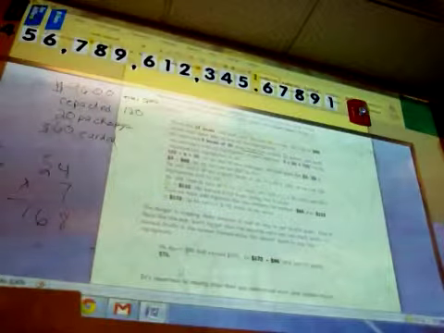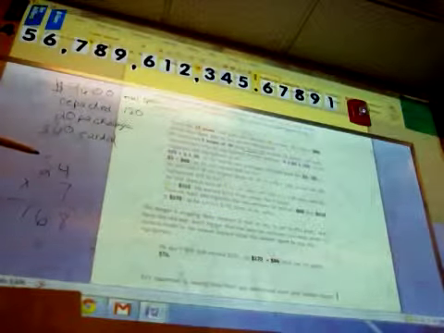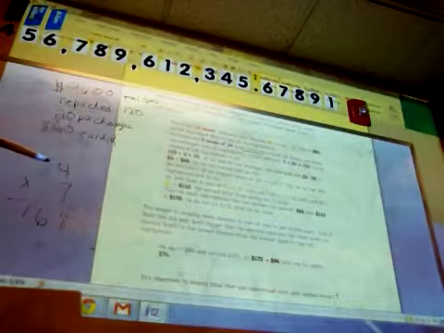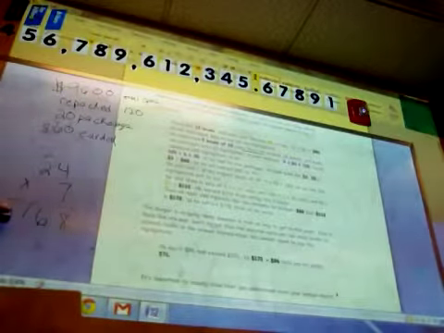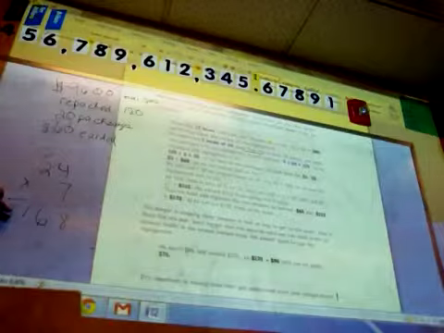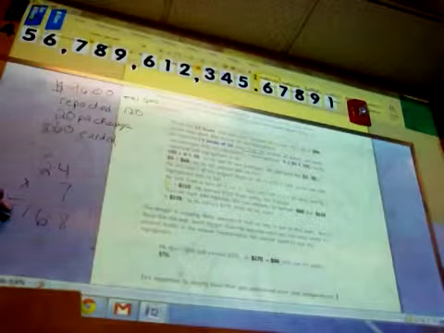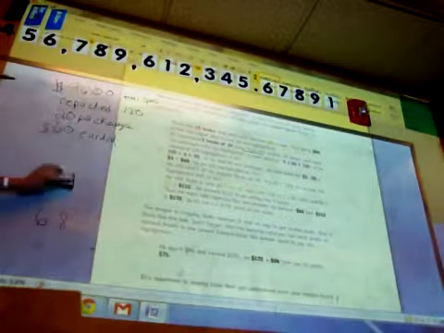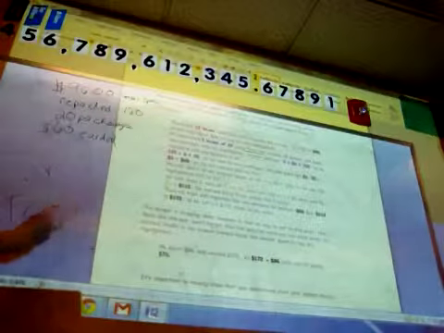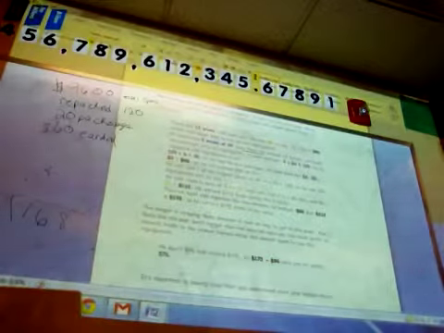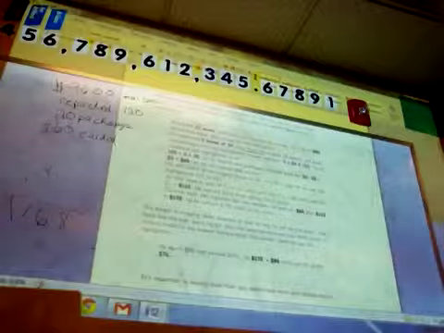But remember, he sold them in sets of 3 for $2 each. So if I'm going to break these up into sets of 3, what kind of math do I need to do? Right, I need to divide. So I'm going to divide it by 3.